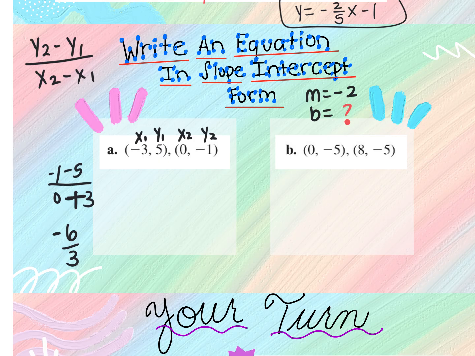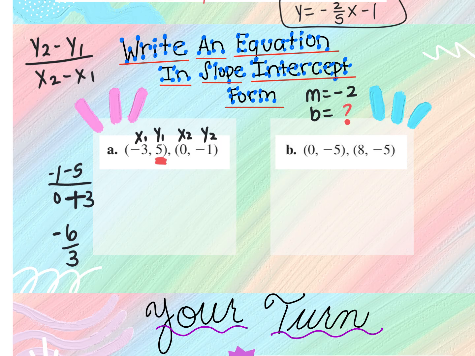Please make sure you're paying attention. This is the mistake that I see a lot of times. Do you agree that this is a y value? Do you agree that this is a y value? Does that automatically mean that that's the y-intercept? No. How do you know this is not the y-intercept?